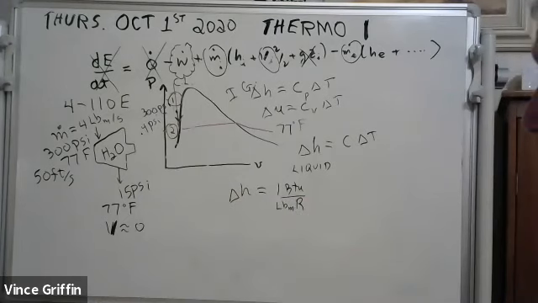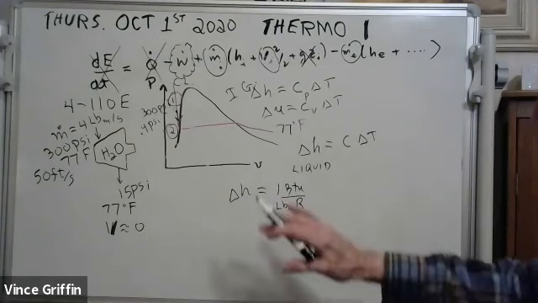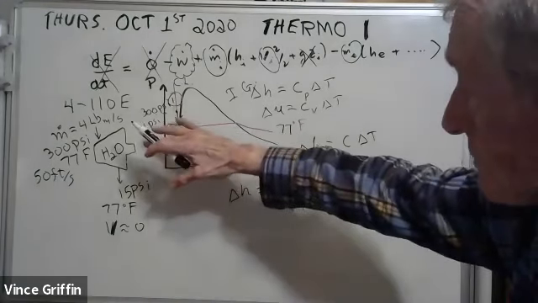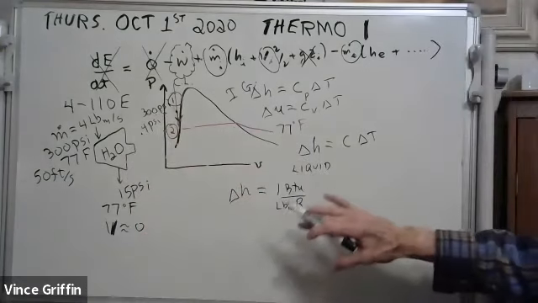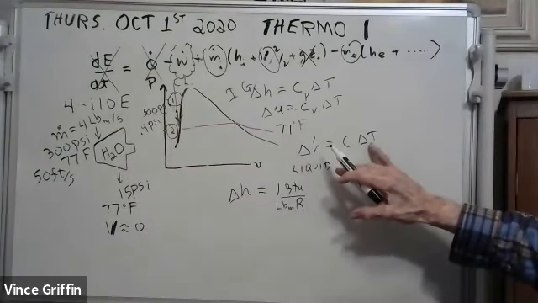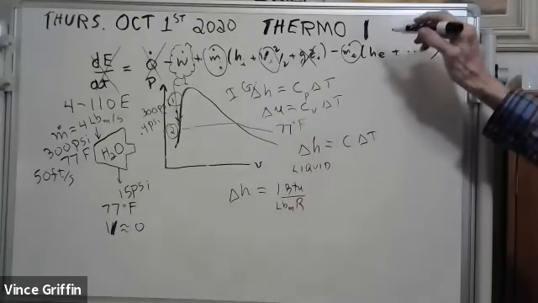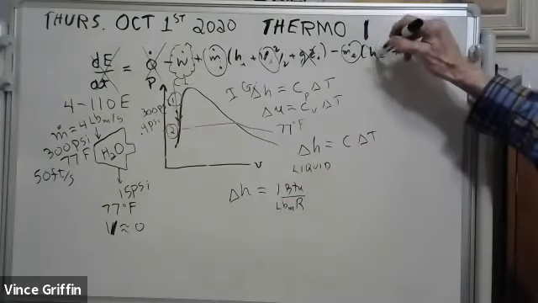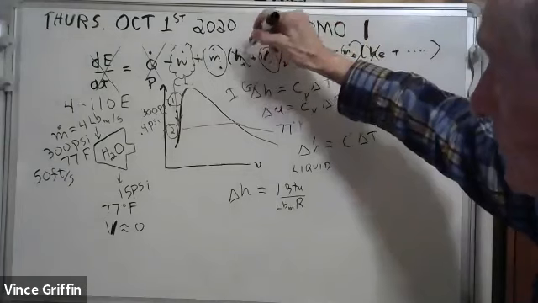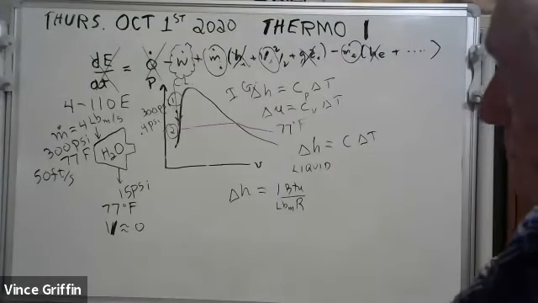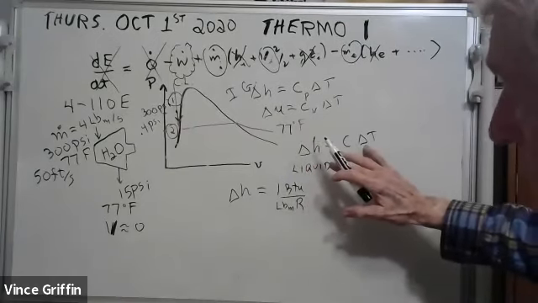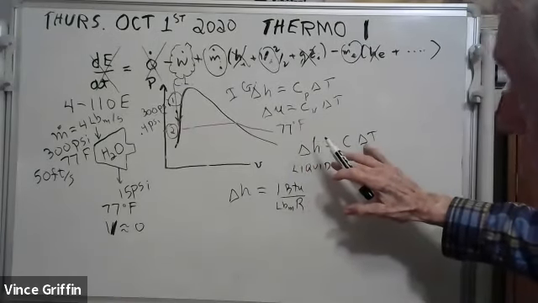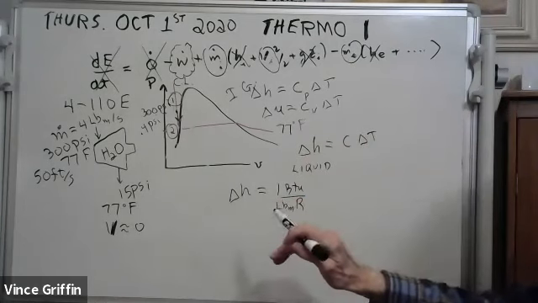Well, now wait a minute. If it's constant temperature, it goes in at 77, comes out at 77. Well, that's 0. There is no change in temperature. I think you can cross that term out, guys, because there's no change in temperature. It's an isotherm, right?